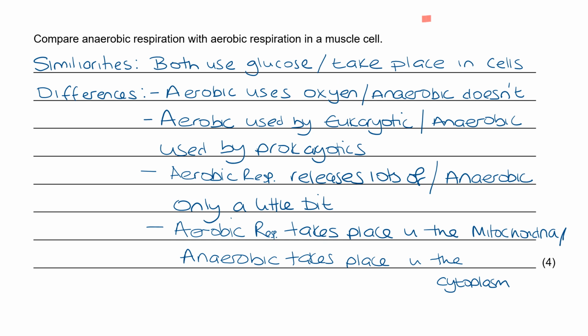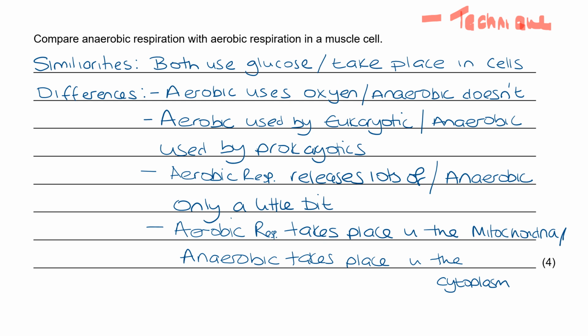So like I said, think about first of all your technique, point for point or paragraph, and then secondly, when you are writing out your statements, make sure that you specify which type of respiration you are actually talking about.